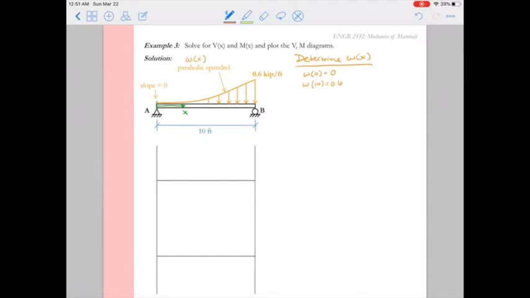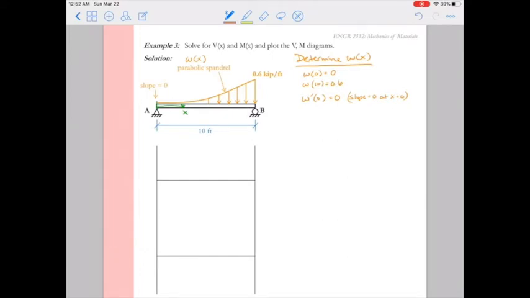I basically like to take what we call a boundary value approach, kind of a general approach. So I'm going to say omega of 0 is 0, and omega of 10 is 0.6. And the last thing I have defined is that my slope is 0 at x equals 0. So that means omega prime at 0 has to also be 0.